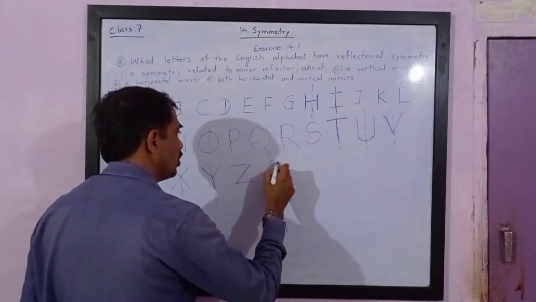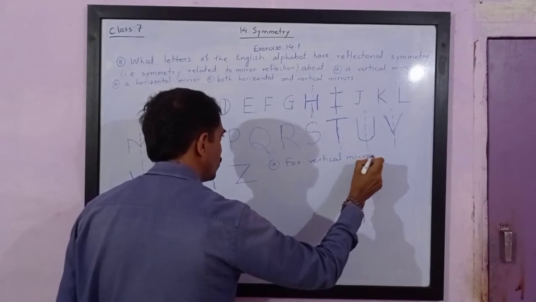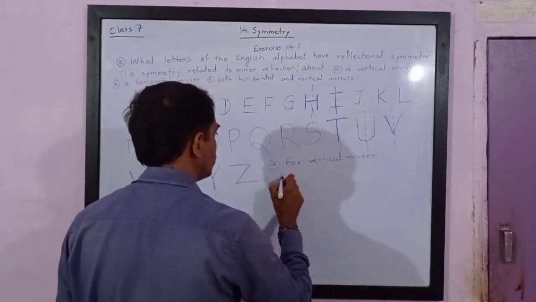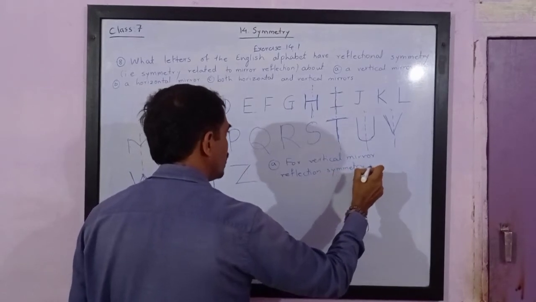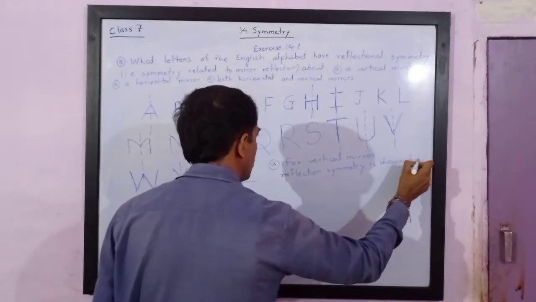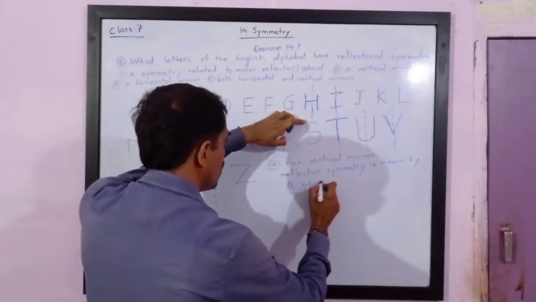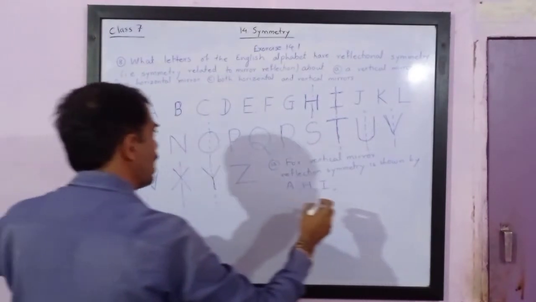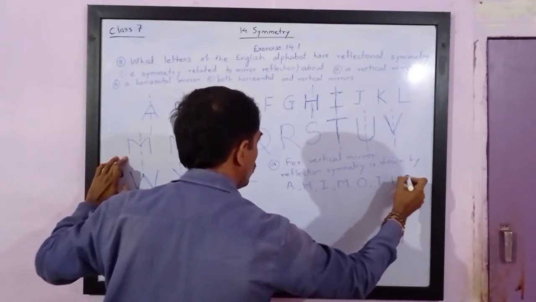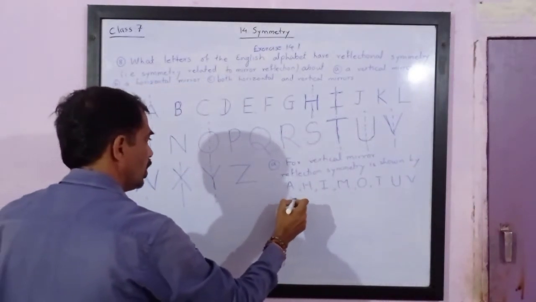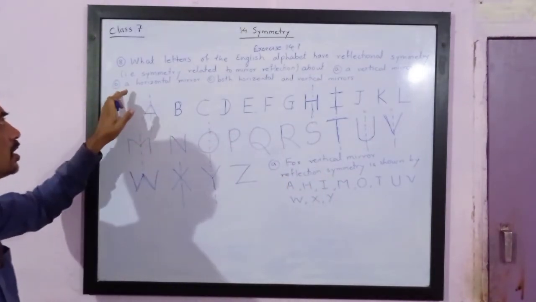For the vertical mirror, reflectional symmetry is shown by the alphabets A, then H, I, then comes M, O, T, U, V, W, X and Y.